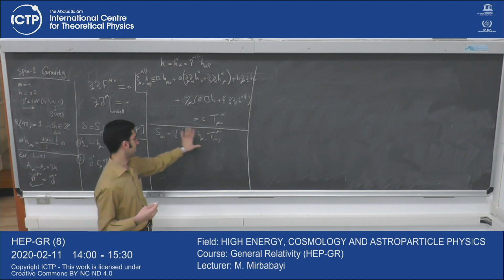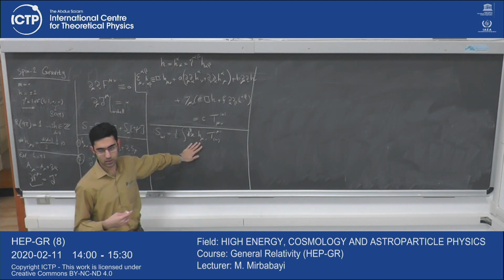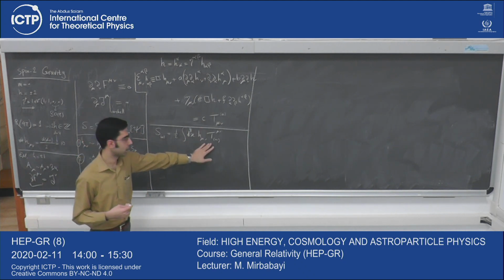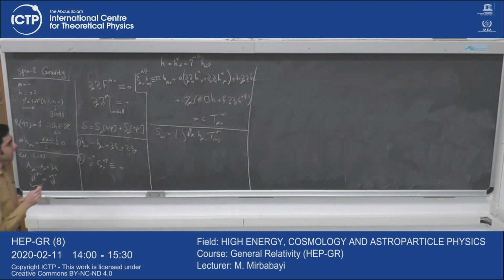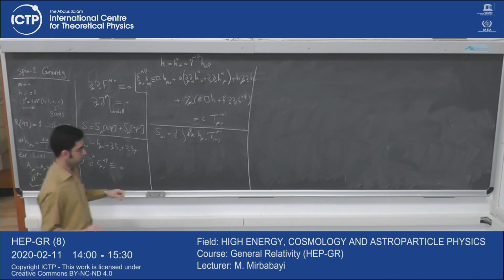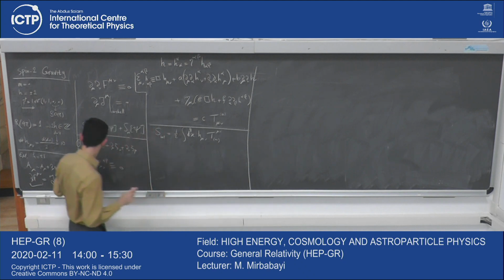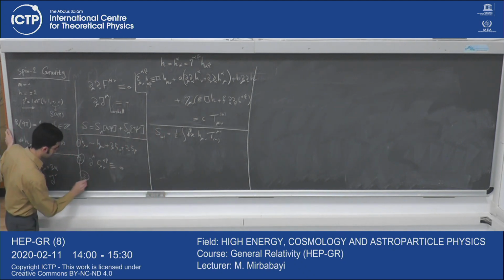So similarly here, I fixed for later convenience this coupling between h mu nu and T mu nu. In the scalar case, we had a reason that we want the theory to go to Newtonian results in the non-relativistic limit, but what is the reason here? We still want that. Actually, this is the third requirement.